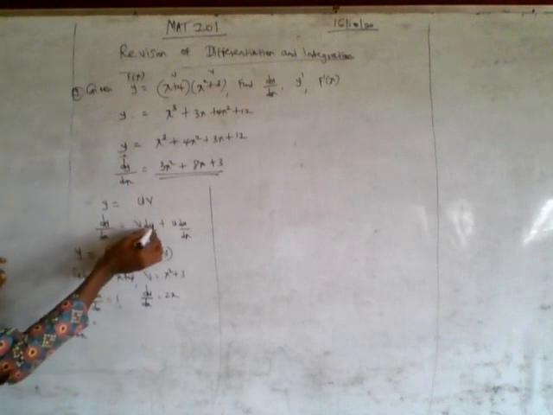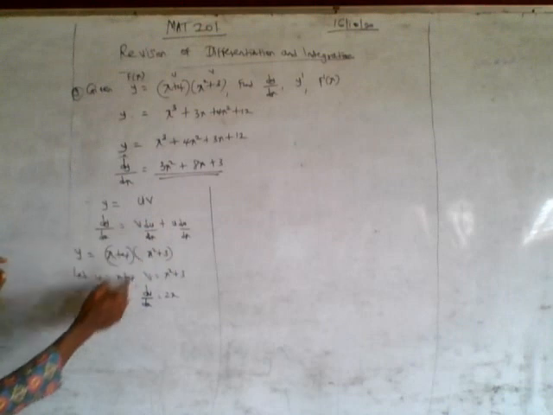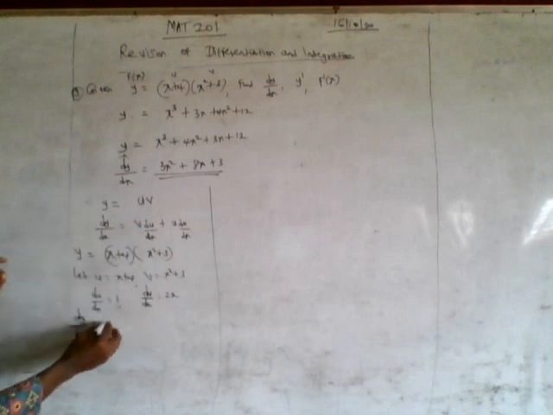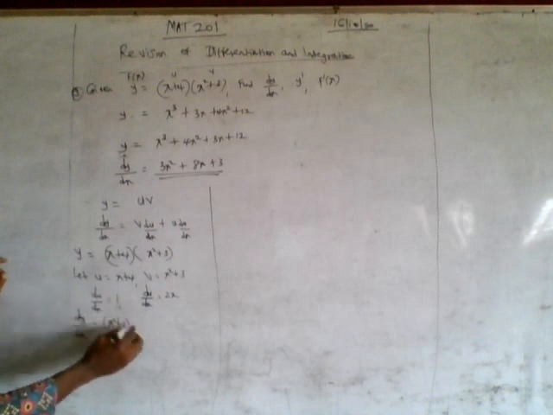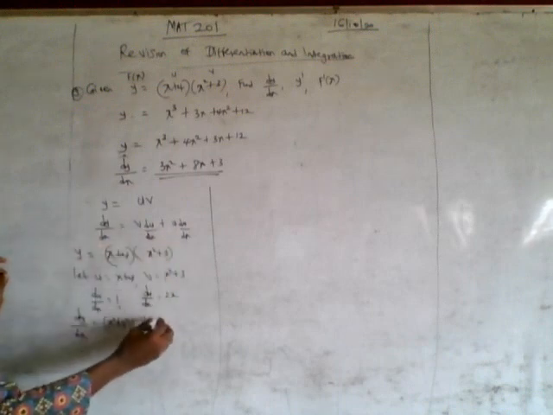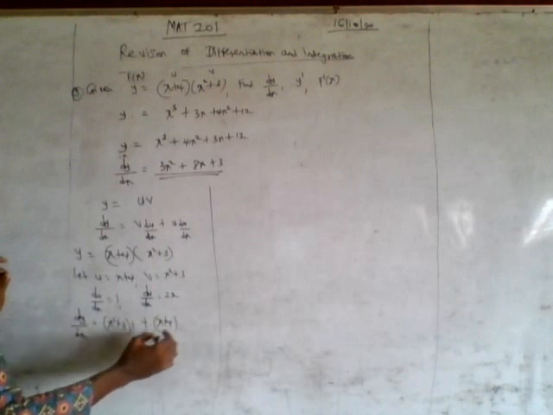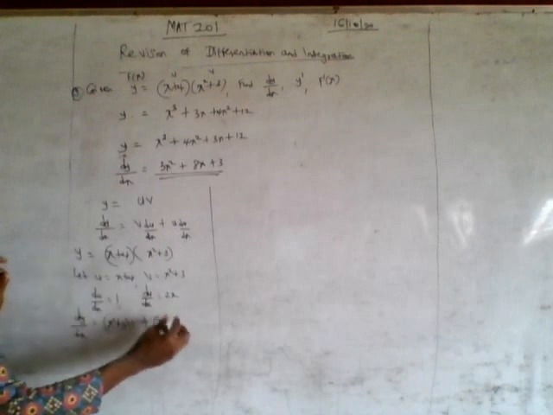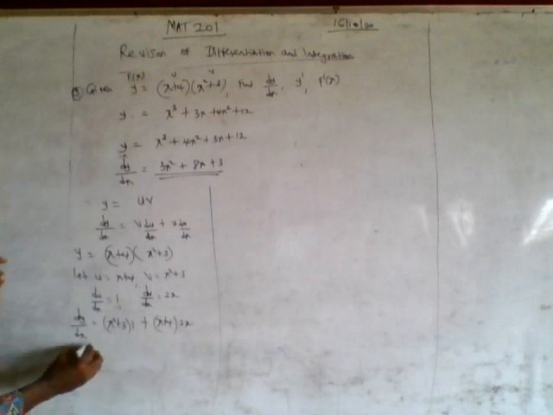Such that I can now use the rule, which means looking for dy/dx is using v to multiply the derivative of u. That brings in v, which is x squared plus 3, multiplying du/dx, which is 1, plus we bring in u, which is x plus 4, multiplying dv/dx, which is 2x.